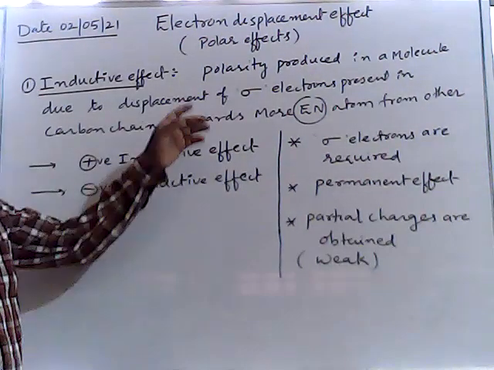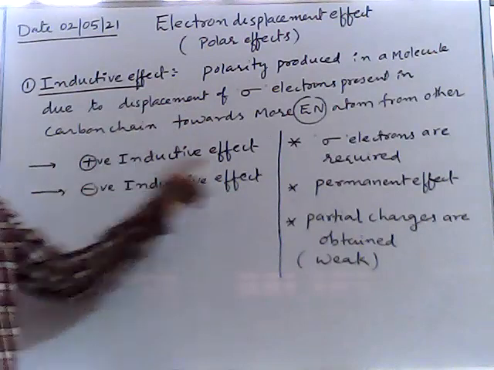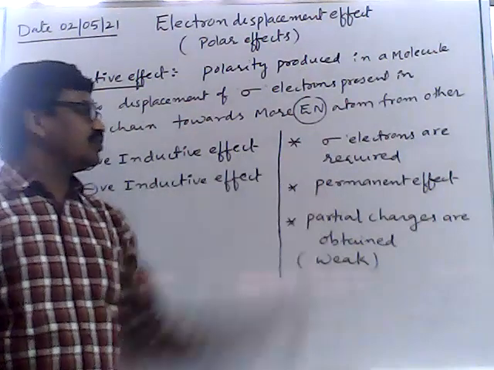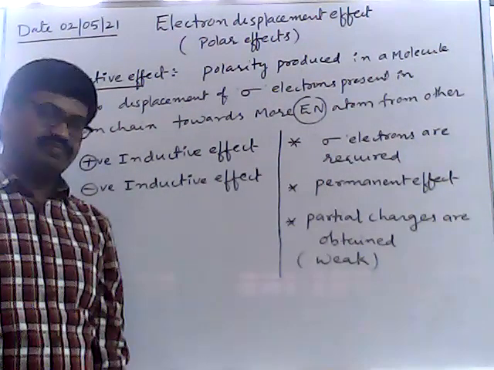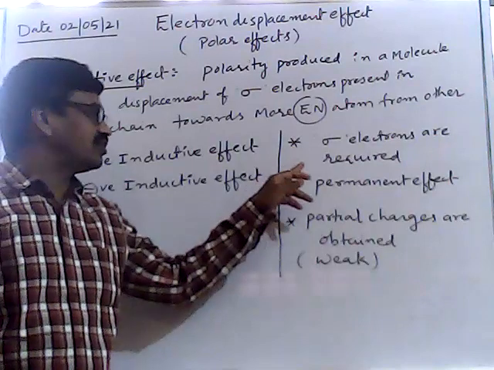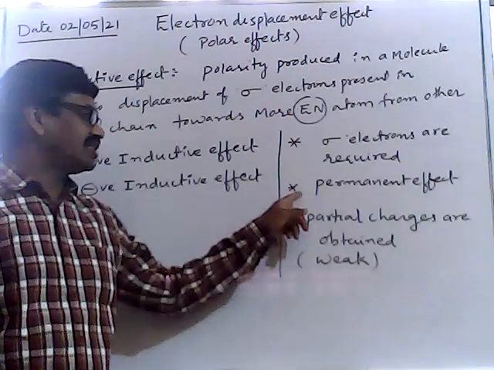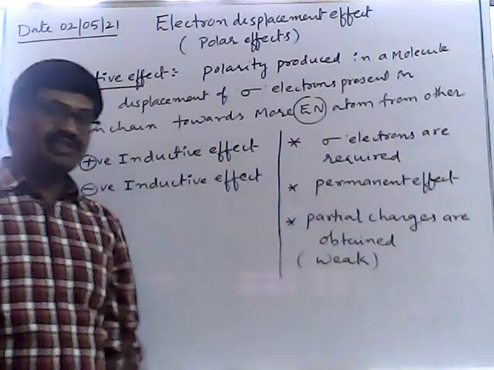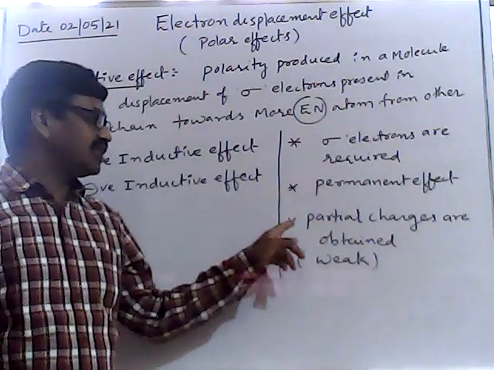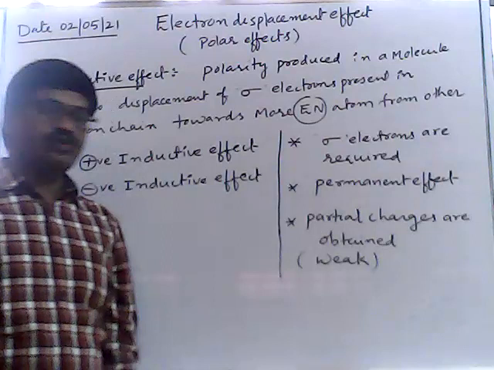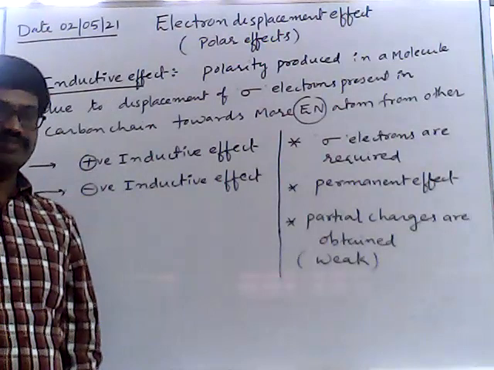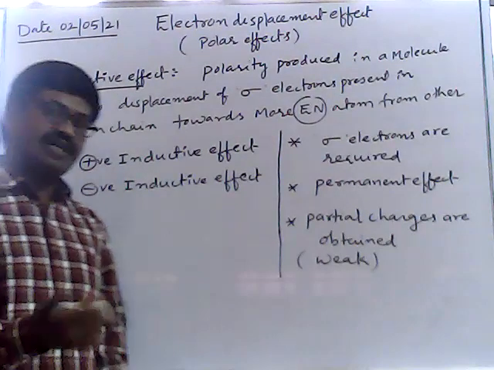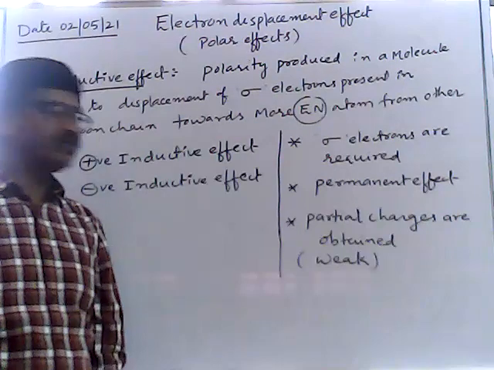So what are the features of inductive effect? It is due to sigma electron displacement, and it is a permanent effect. And here, due to displacement of these electrons, partial charges are obtained on the particular atoms, carbon and other atom.